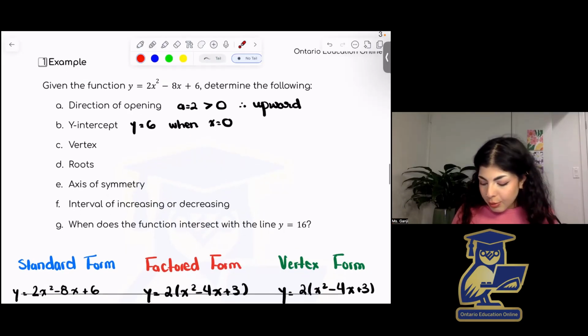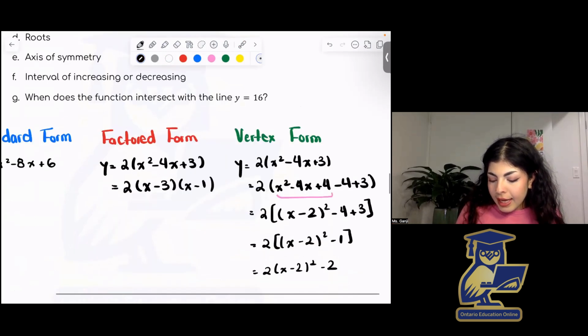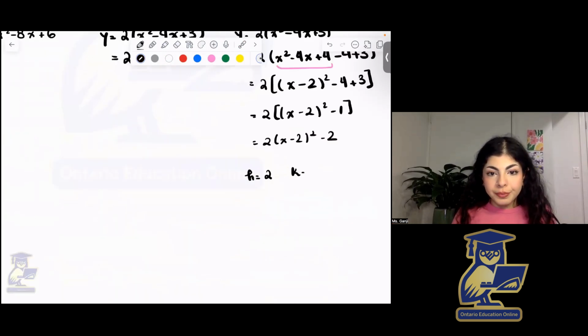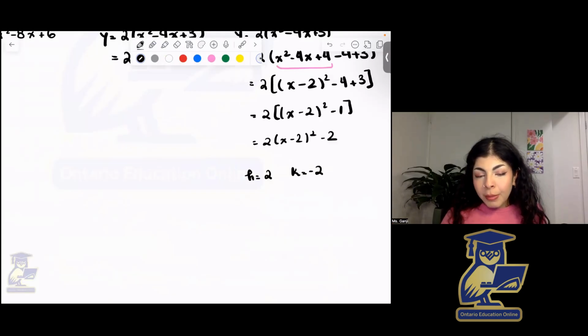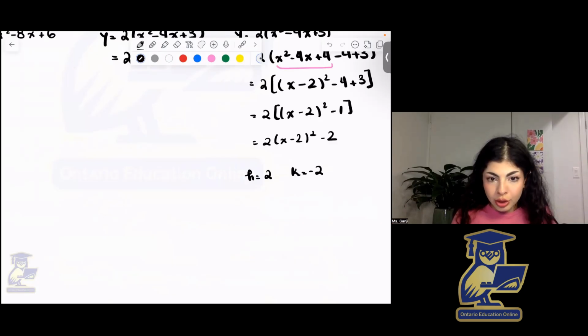Now for the vertex, I'm going to switch to the vertex form. Here I have h is 2 and k is -2. Keep in mind that in vertex form, we have x minus h, so h itself is just 2.